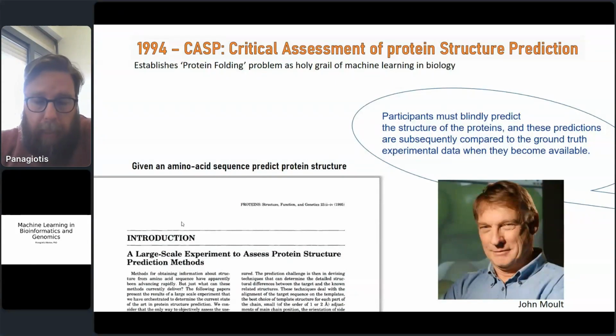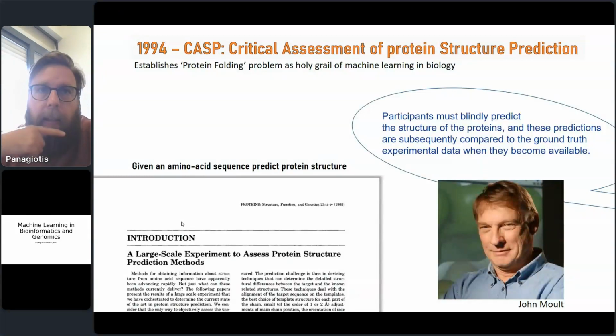So in the 90s CASP was created, the critical assessment of protein structure prediction, which is basically a benchmark. How this worked was that every 2 years, the people organizing this would experimentally, in a very difficult and expensive process, figure out the structure of a protein or a handful of proteins.